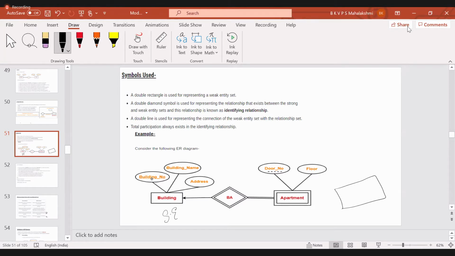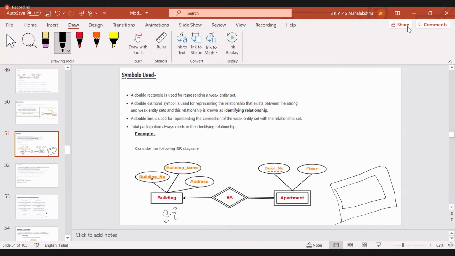Sometimes redundant values will also be there. Among these two, maybe you kept this one as a partial key, but it is not a key. It does not give us unique values. So this is a weak entity, and that is why it was represented with a double rectangle. But a strong entity should be represented with a single rectangle.